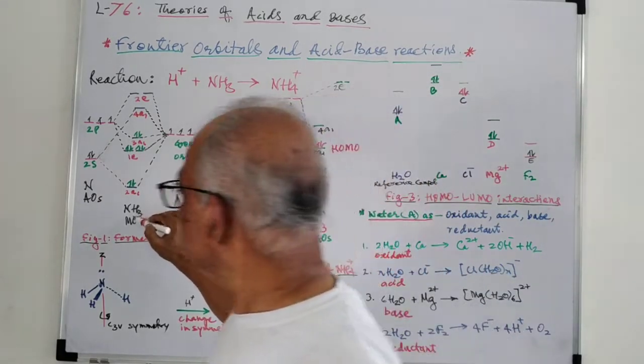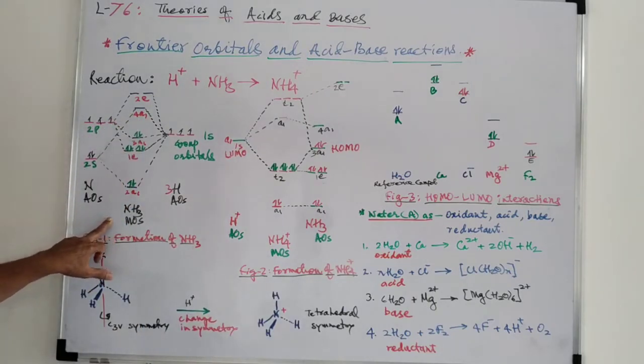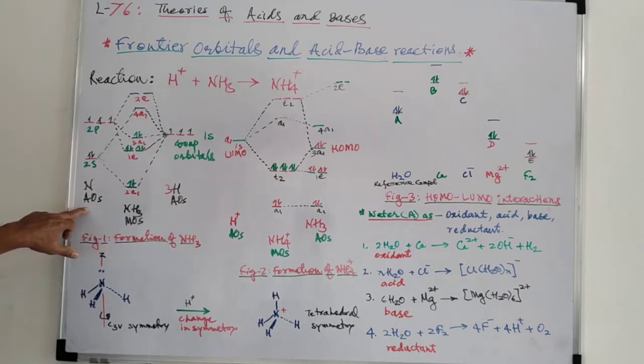If you see this molecular orbital diagram for the formation of NH3, you will see here there are atomic orbitals of nitrogen which are shown in this direction.